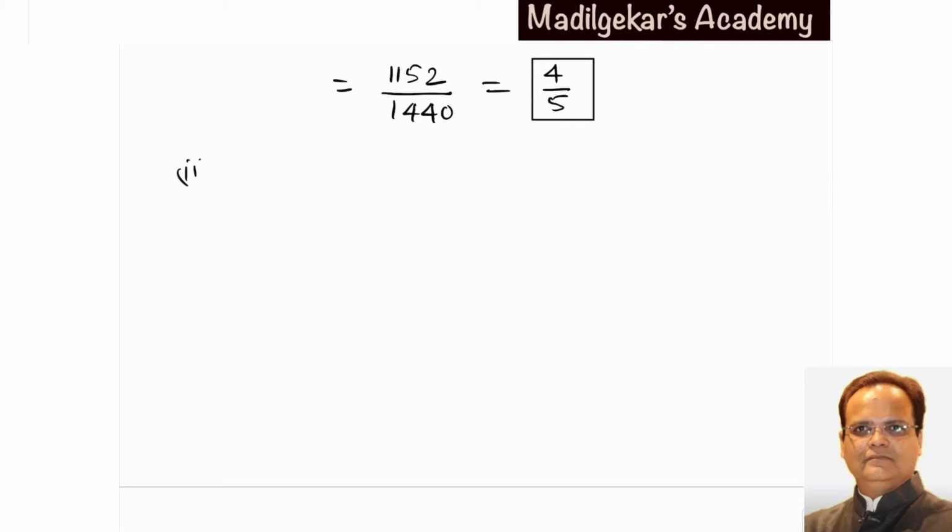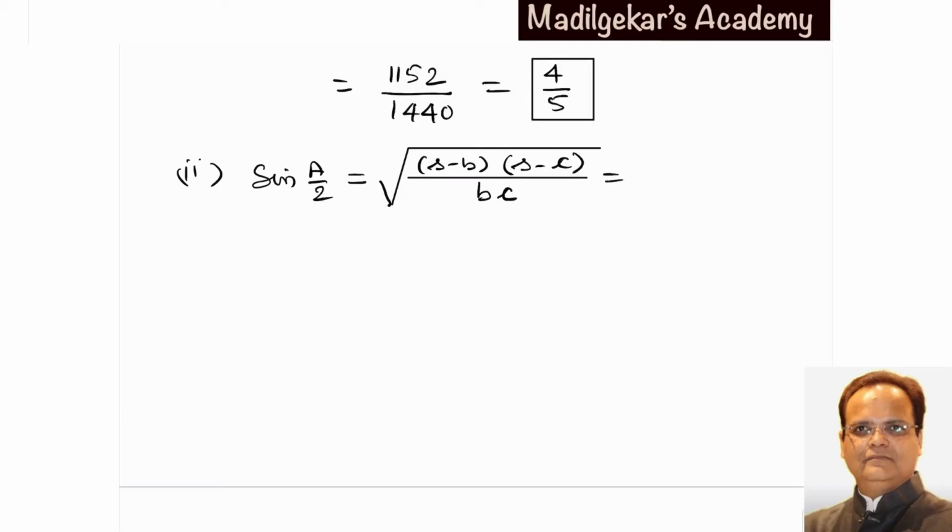Next is to find sin A by 2. Recall half angle formulae. We know that sin A by 2 is given by square root of (s minus b)(s minus c) upon bc. On substituting the values of b, c and s, s minus b means it is 36 minus 24, s minus c, 36 minus 30, upon b into c means 24 into 30.